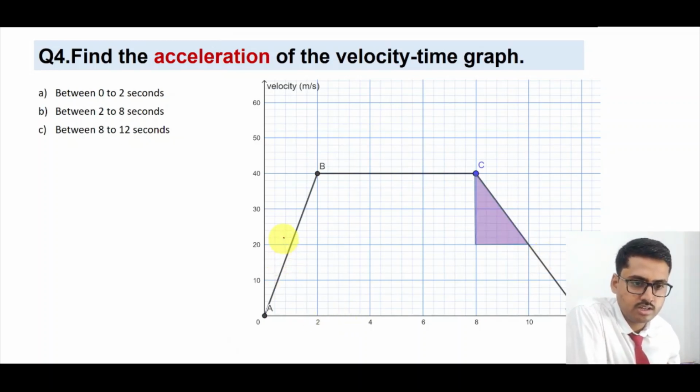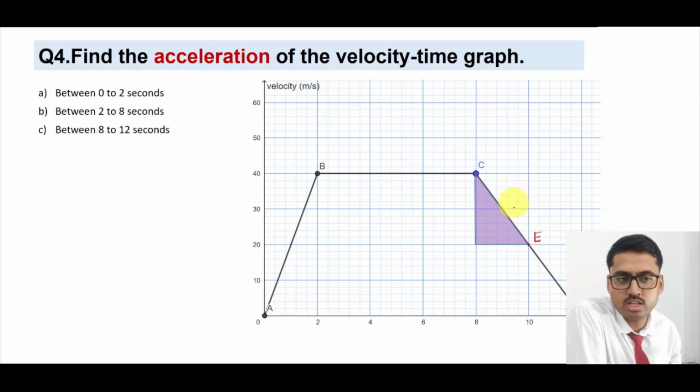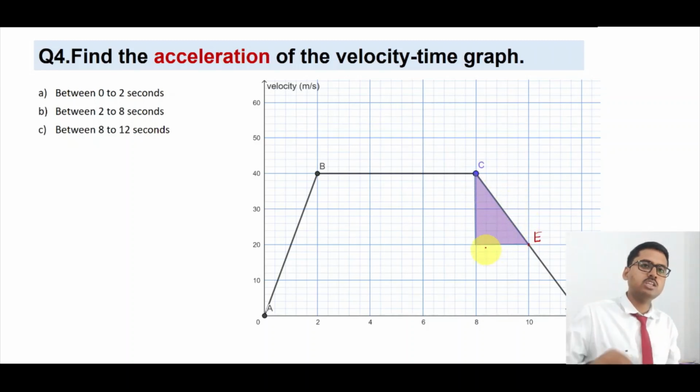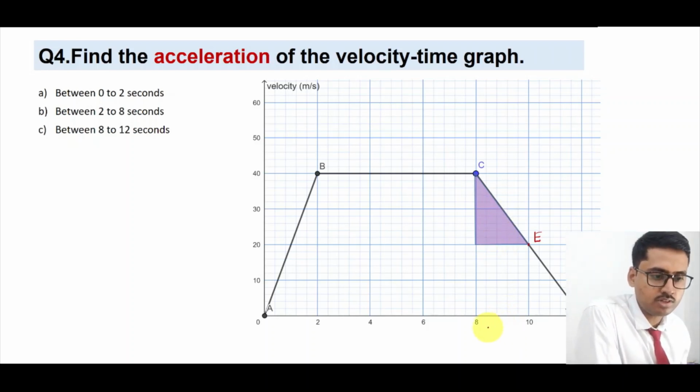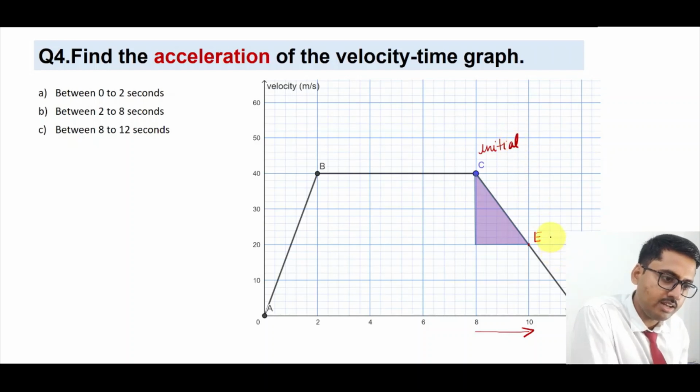So let us take in this point, and let me call this as E. So we have taken 2 points on the graph. The mistake that children do is that they don't differentiate which is the initial point and which is the final point. So here you can see the graph is going from 8 seconds to 12 seconds, which means that C is your initial point and E is the final point.